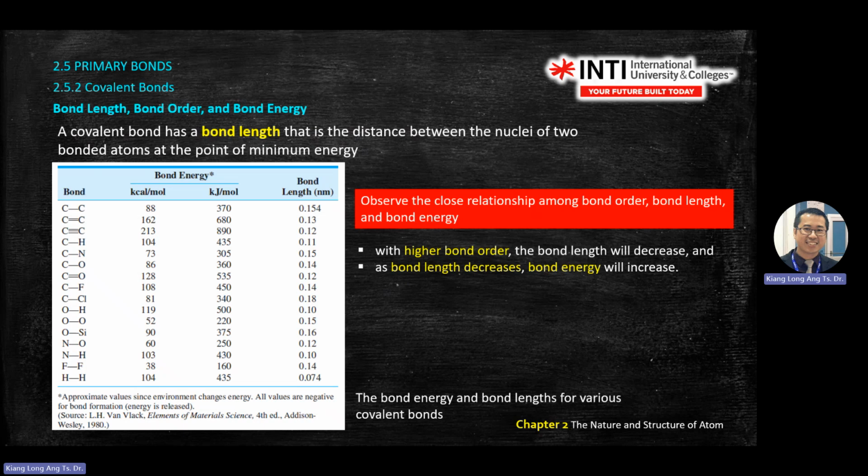So you see the bond length is decreased. As bond length decreases, bond energy will increase. So if this one decreases, the energy will increase. So the attraction force is strong in them, in the covalent bond.